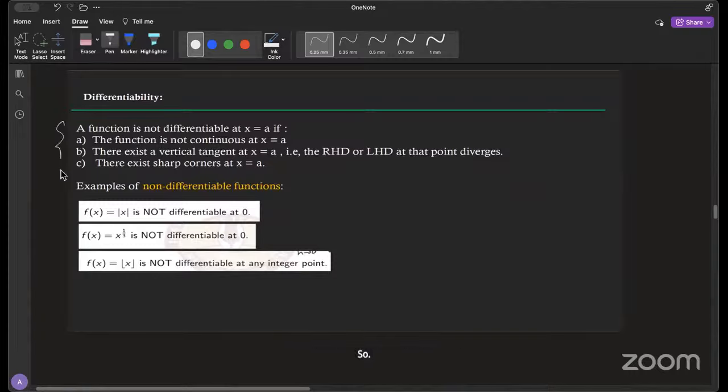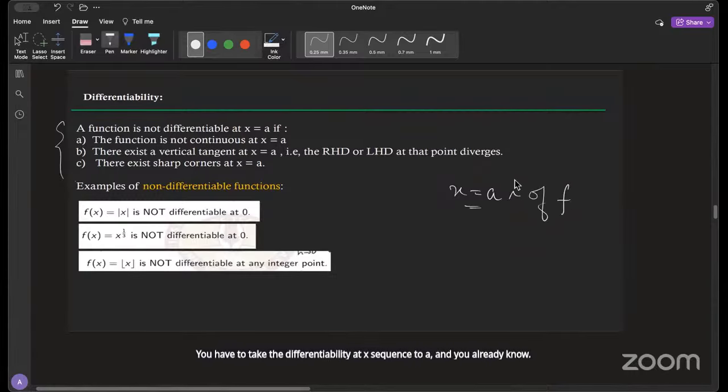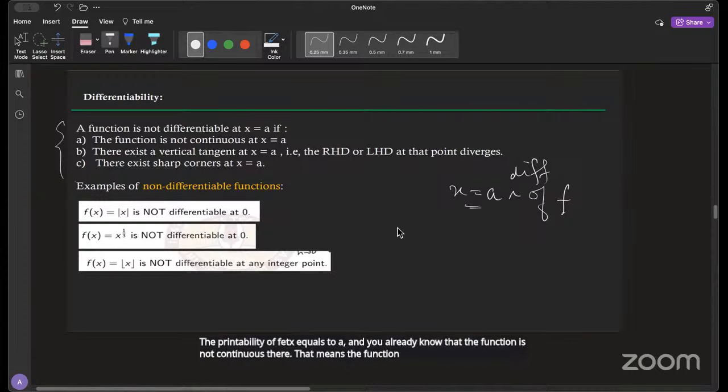These are some important points that you need to know about differentiability. The first one is if you see that your function is not continuous at a given point. Let's say you have to check the differentiability of f at x equals a, and you already know that the function is not continuous there. That means the function is also not differentiable there.